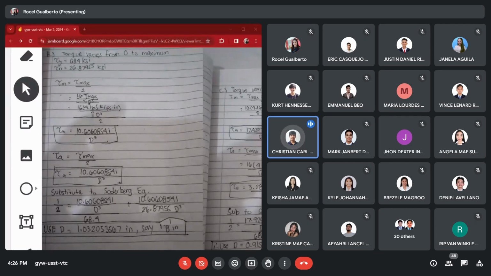Ang makukuha pong diameter po ay 1.03205357 inch. Yung standard size po ay 1 times 1 over 8 inch. 1/8 inch po.